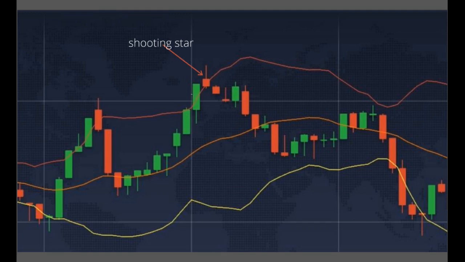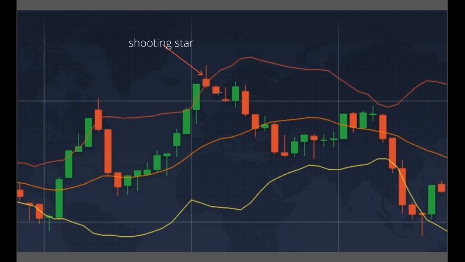You see it, the price of the asset moved up until here. When the shooting star formed, there was an almost immediate reversal. Whenever you see a shooting star, you can be 100% certain that a reversal is very close.